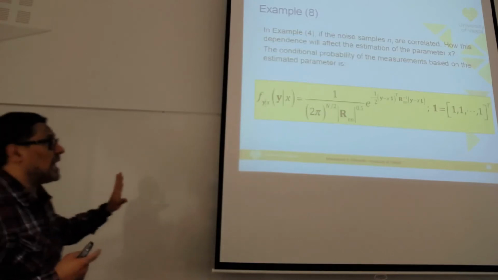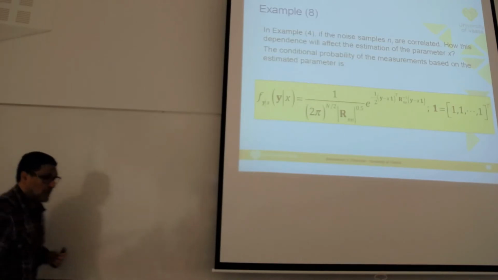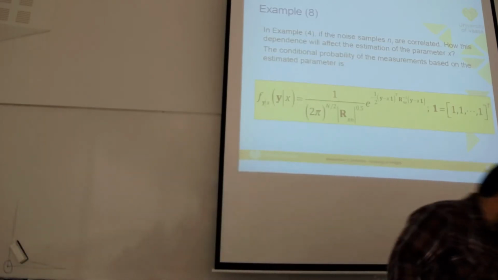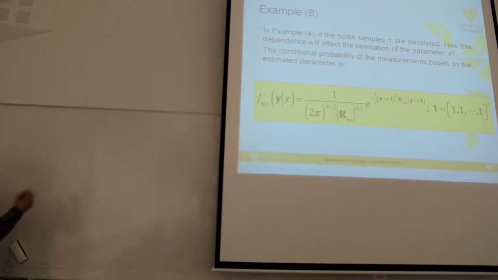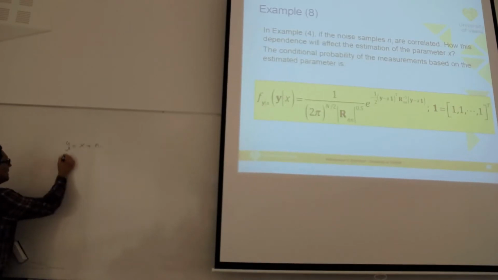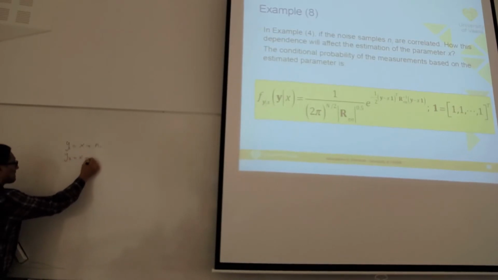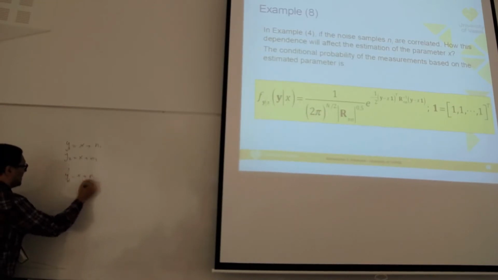Here, as we mentioned before, if we have a series of data and we are interested in some hidden parameter, like you have some measurements, y1 equal to x plus n1, y2 equal to x plus n2, and so on until yn equal to x plus nn.